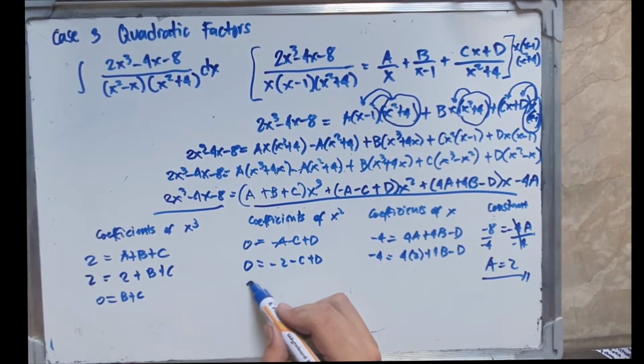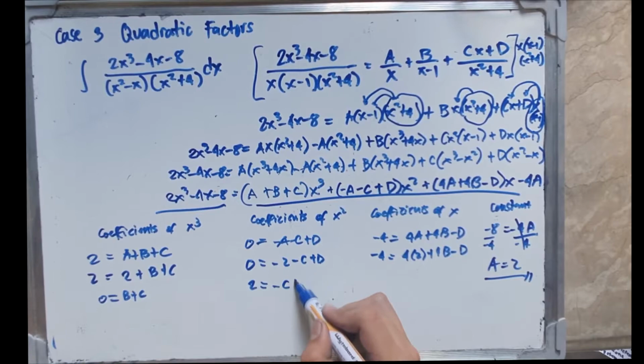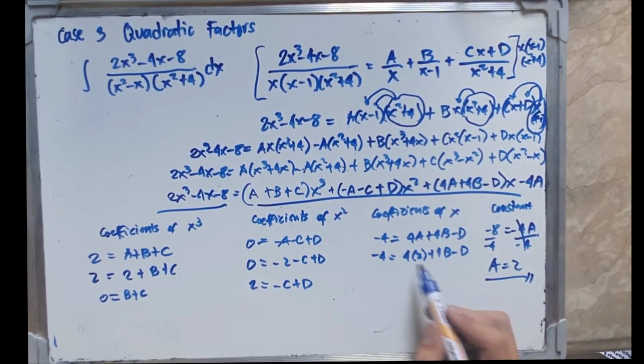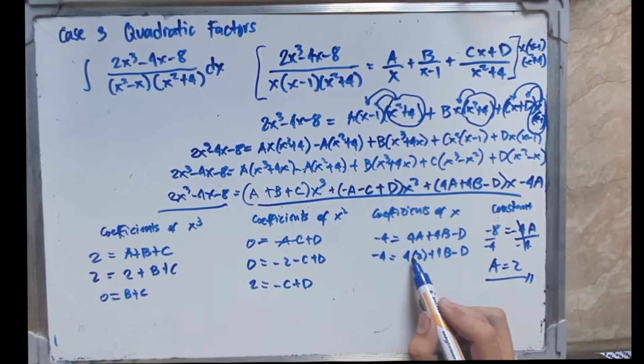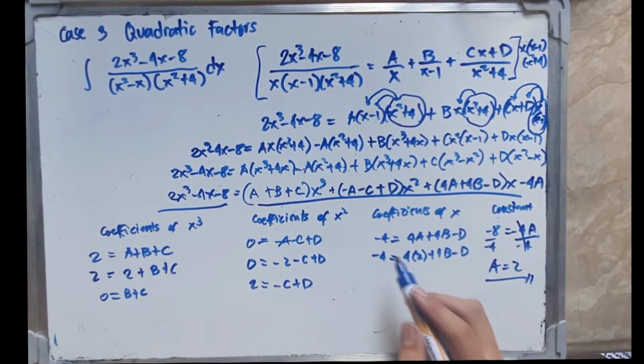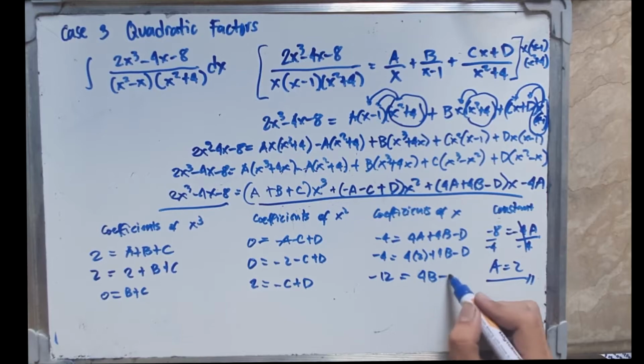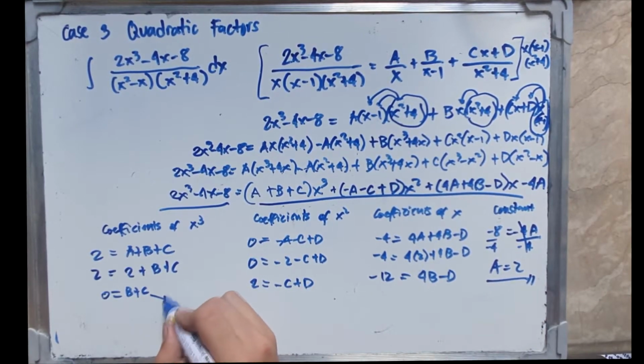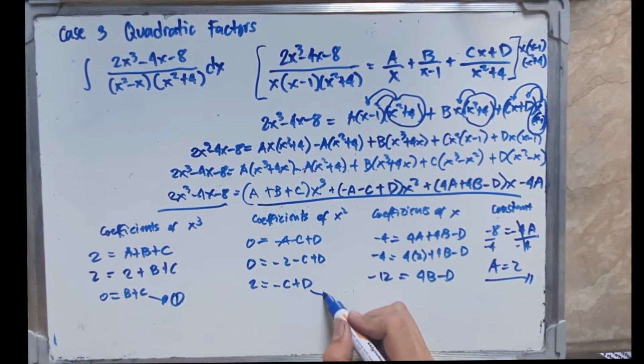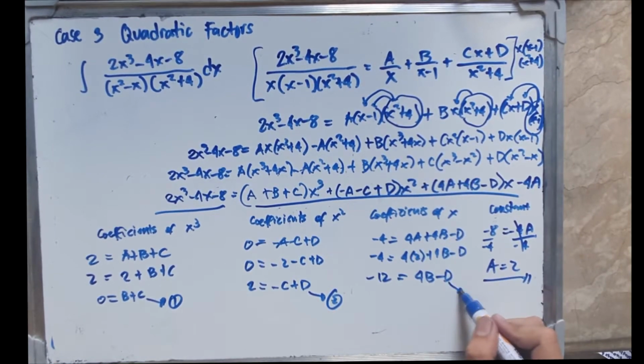Here we have positive 2, negative c plus d. And here we have 8, and we have negative 12. 4b minus d. We have equation 1, equation 2, equation 3.